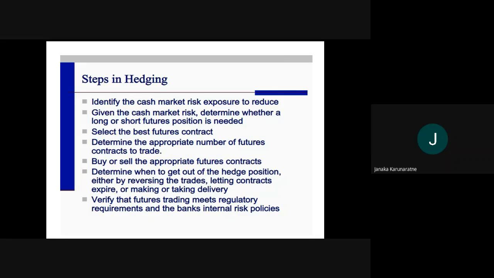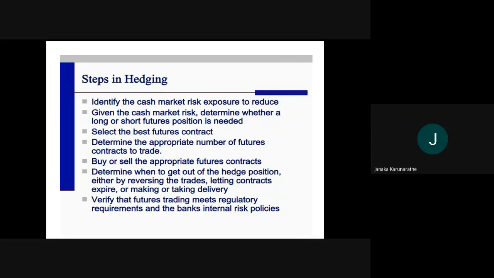So in the cash market, what is the risk to you? Interest rates will go up. A pretty simple thing. All of you should answer pretty fast. Today interest rates are 10%.